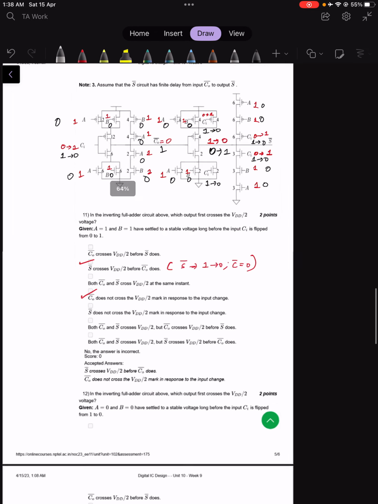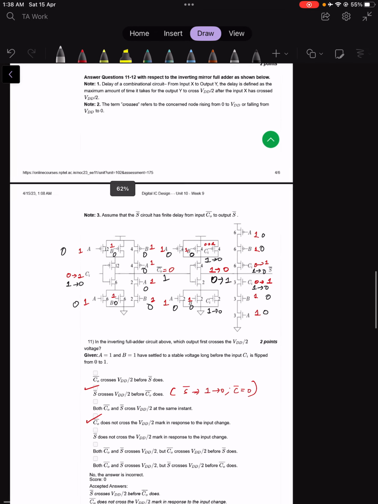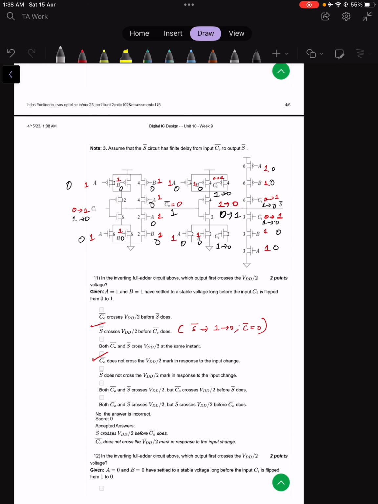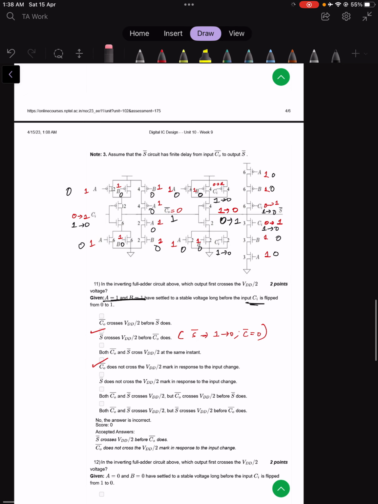Question 11 and 12. For question 11, you've been given a configuration of A and B, and Ci is flipped from 0 to 1. Let me follow the color code here. The values in question 11 can be observed if you follow the color code of red, and I've written down each of the values for A, B and so on here.